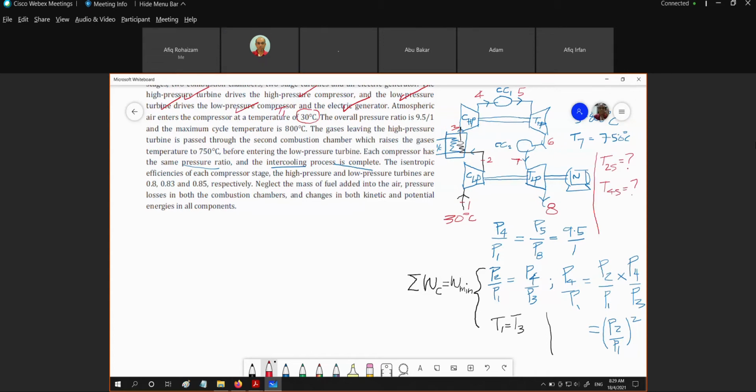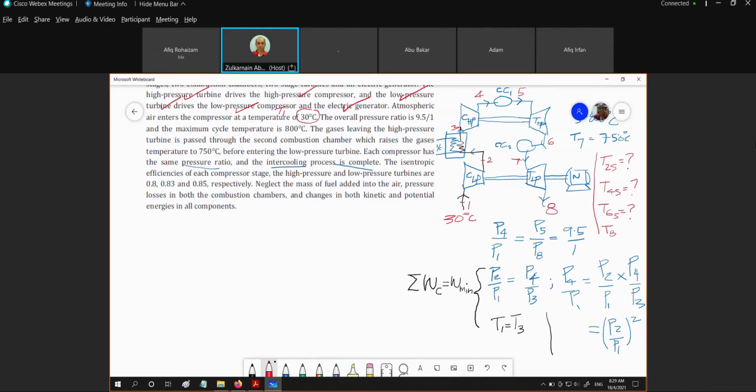For the high pressure turbine, we need to define T6S. And lastly, for the low pressure turbine, we need to define T8S.